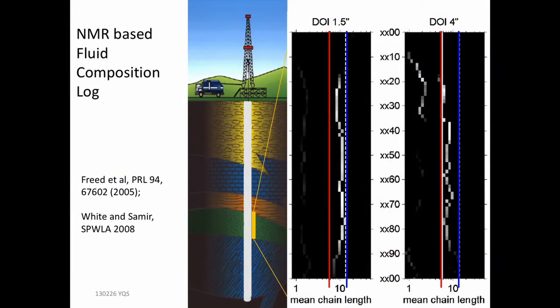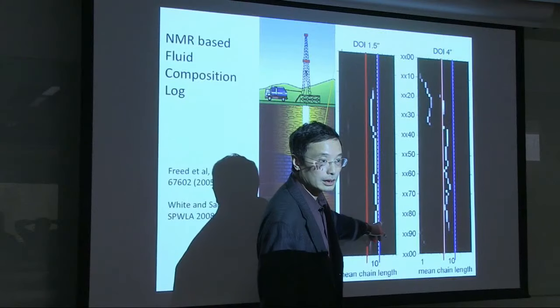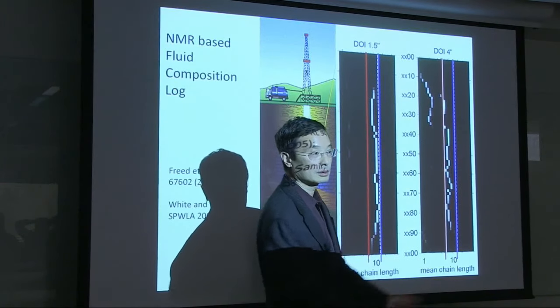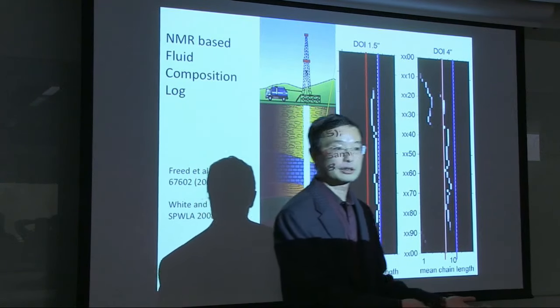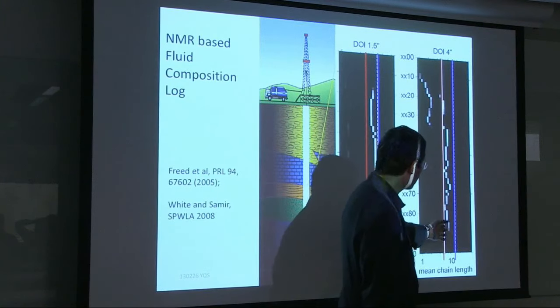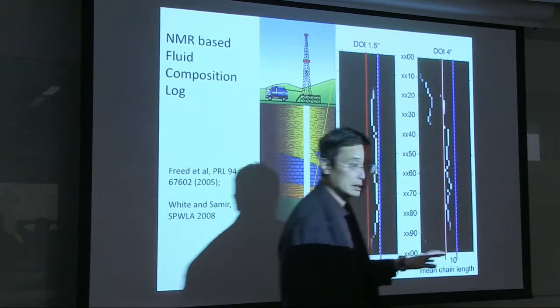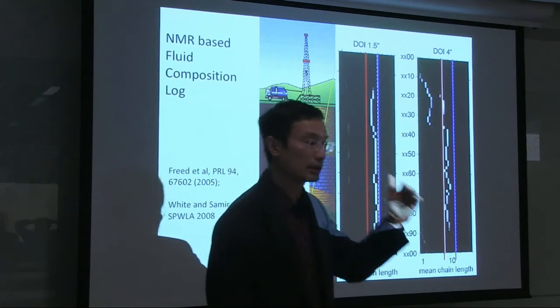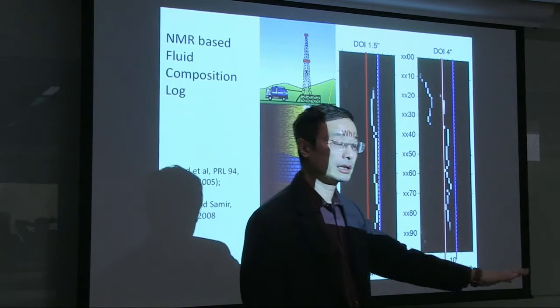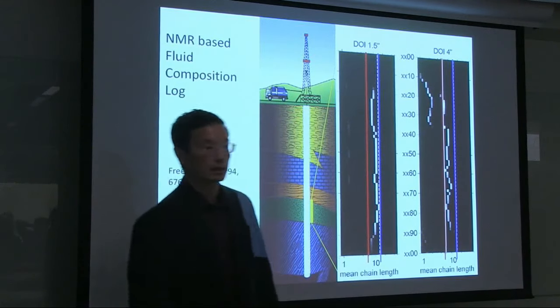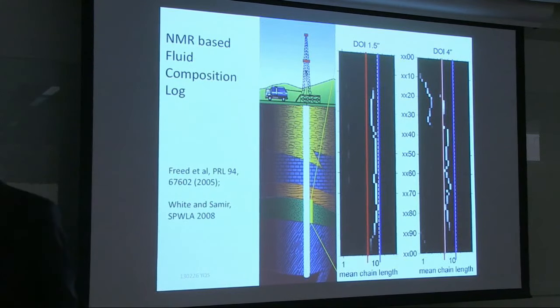So you can see in the shallow measurement, we're very close to the mud, because the mud goes into an inch or two. When you go to 4 inches, you still have an impact, but it is a lot less. So you can see there is this variation in invasion from the drilling process.